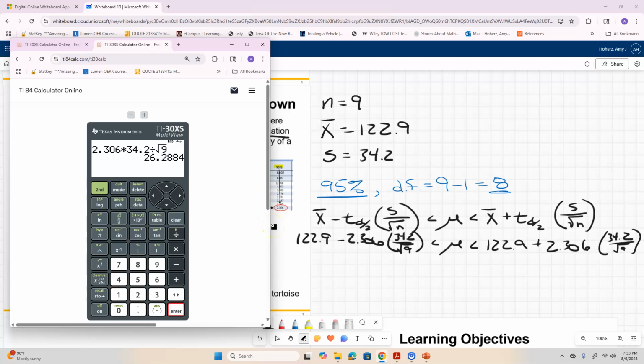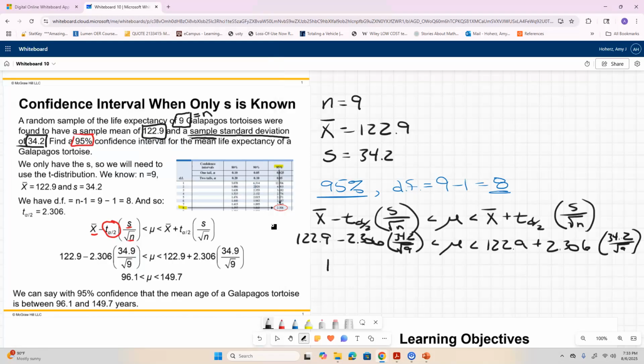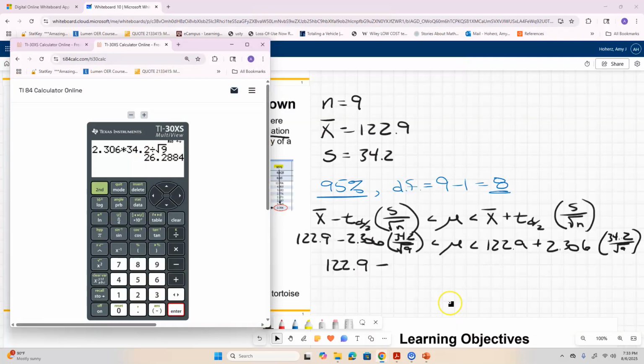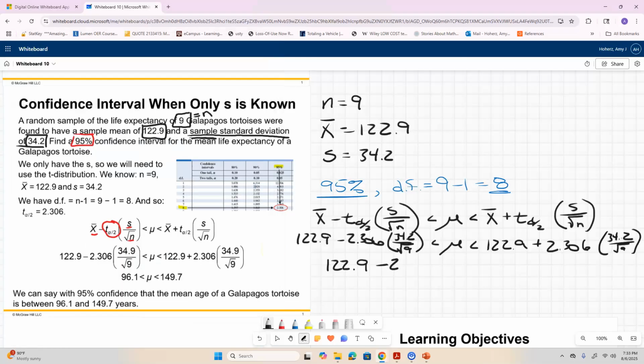So since we have 122.9, we only need our margin of error to go out to the same amount. So 122.9 minus 26.3, because it's 0.28, so we'll say 26.3. So 26.3. Now I don't have to recompute that on the other side because it's the same computation.